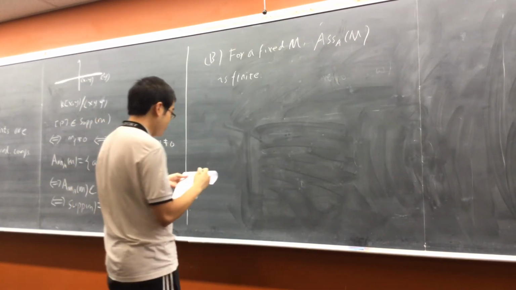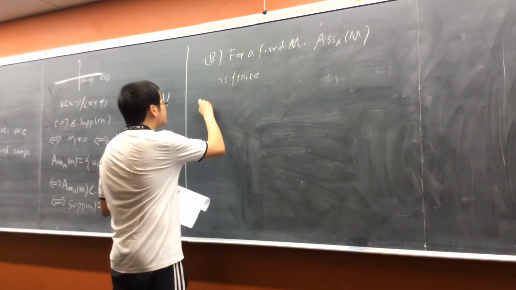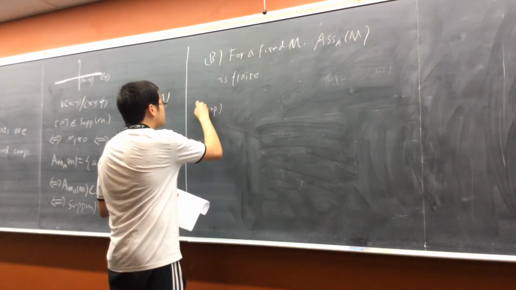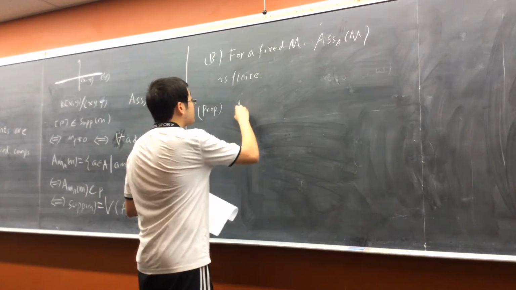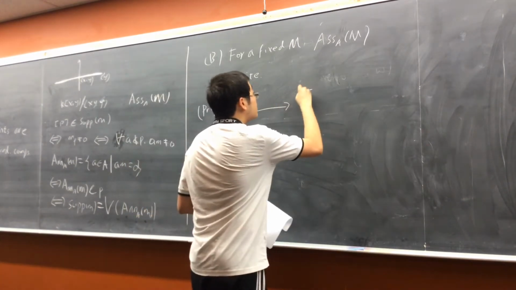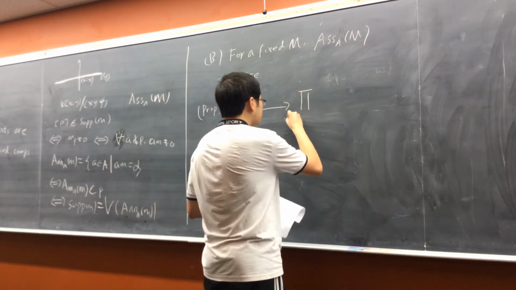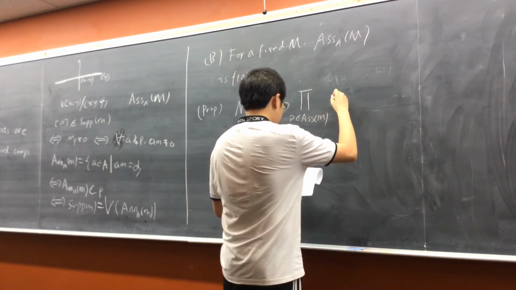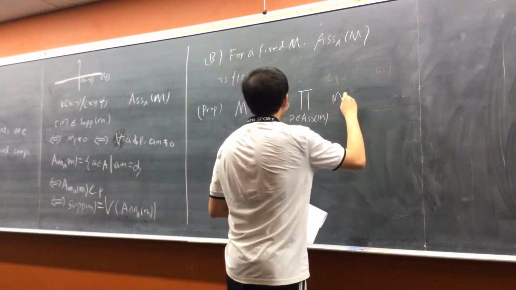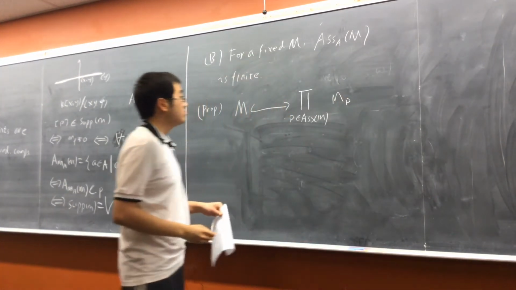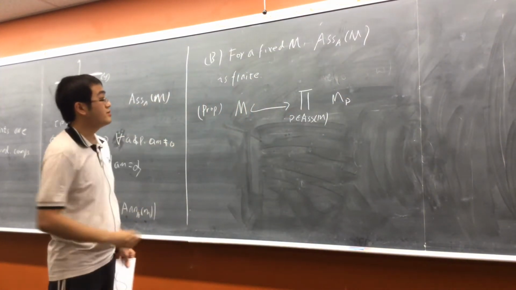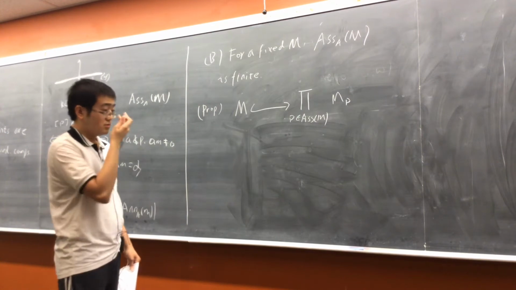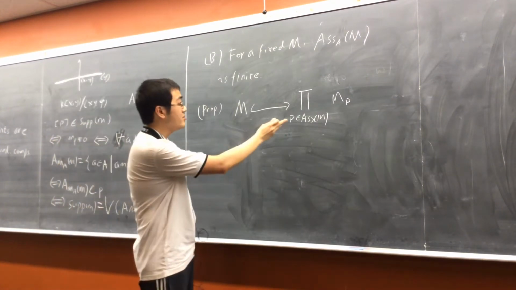Here's another property we will actually prove: this map is injective. What do I mean by this map?